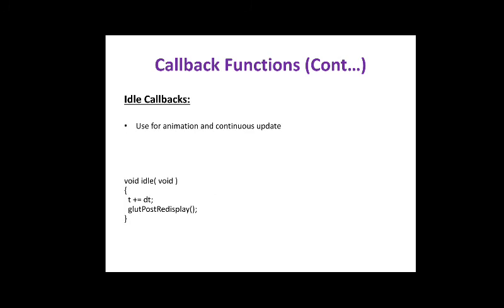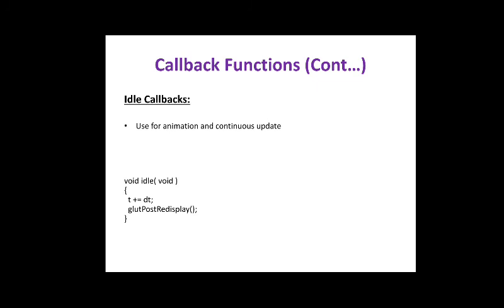Now, the next example is all about the idle callback. So, what does the idle callback do? Animation requires the ability to draw a sequence of images, right. Animation is nothing but images moved faster so that it looks like a video or a motion. The GLUT idle function is the mechanism for doing the animation.